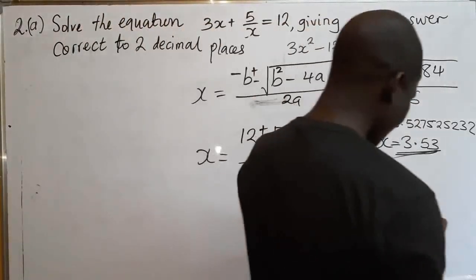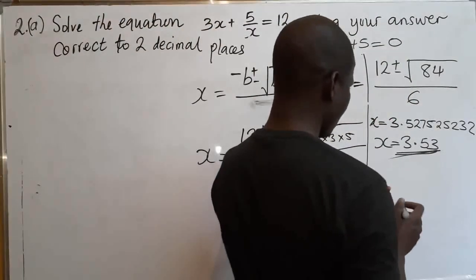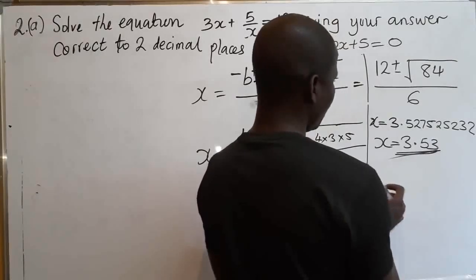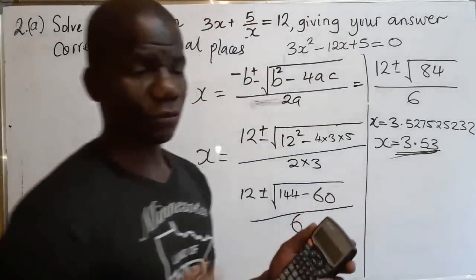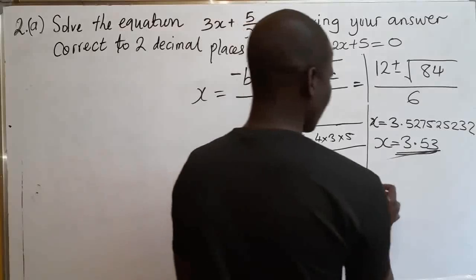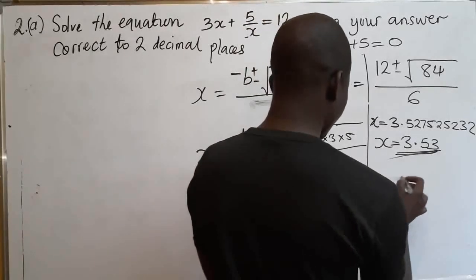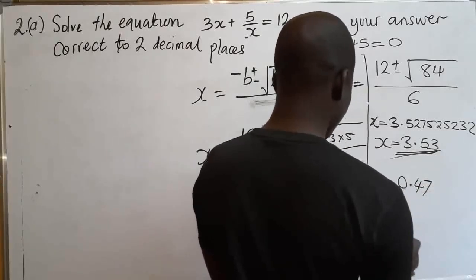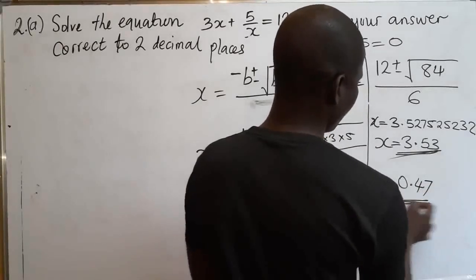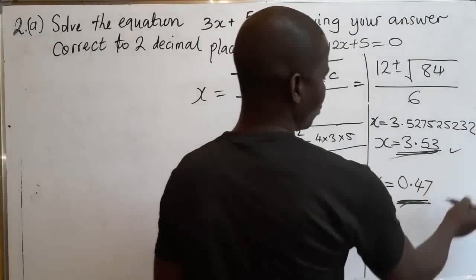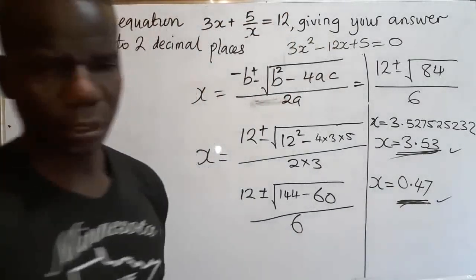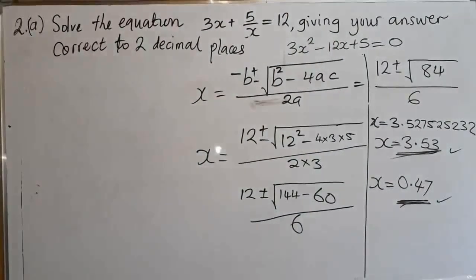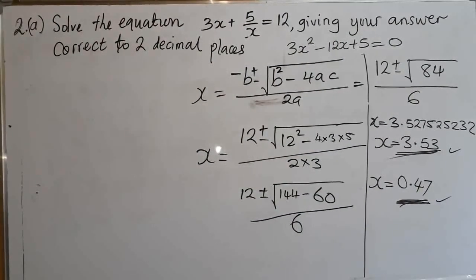The answer now, let me round it off directly, is going to be 0.47. So the values of x, you have this one and this one. This is what you were supposed to find on the first question of 2.